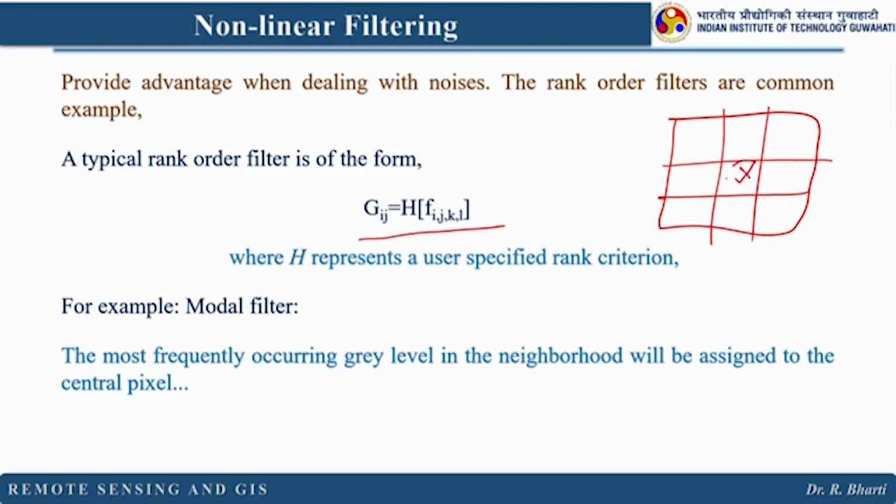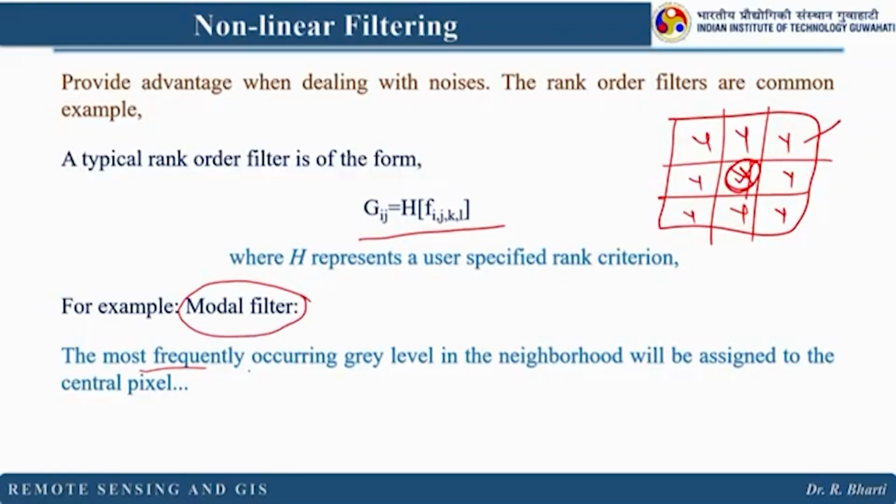It doesn't matter whether your central pixel is X and all others are Y. Then what will happen? Y is the most occurring element in this particular matrix, so Y will be assigned here. So it doesn't preserve your central pixel value, right?